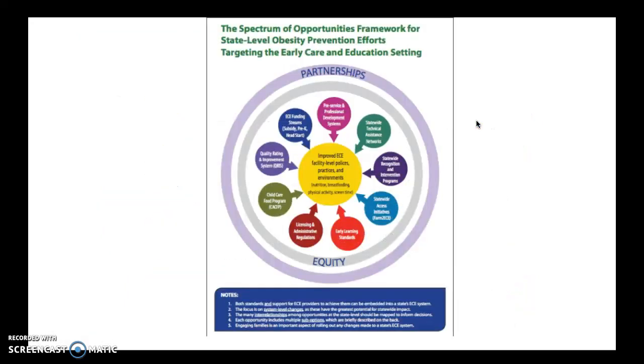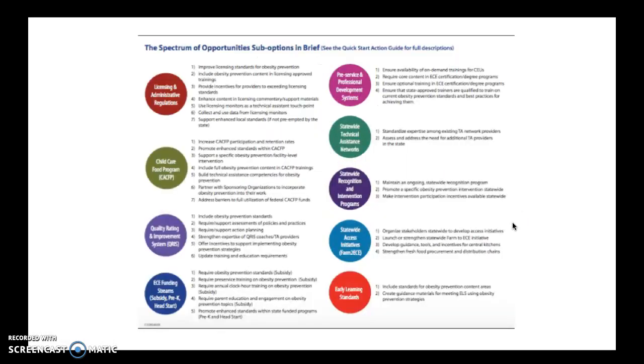I also wanted to bring in an example of a theory of change model that Kenna brought to my attention, looking at the framework for obesity prevention efforts targeting early care and education settings. I've posted this PowerPoint in this email as well to allow you all to take a look and maybe use some components of it.